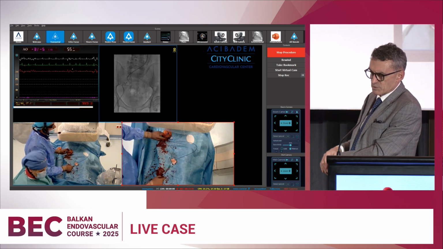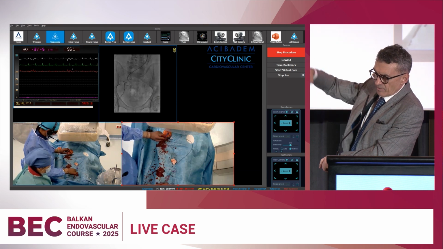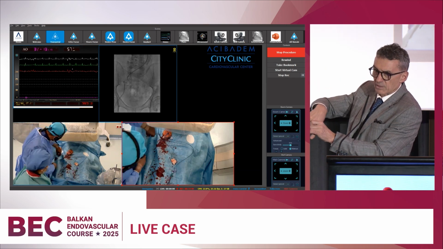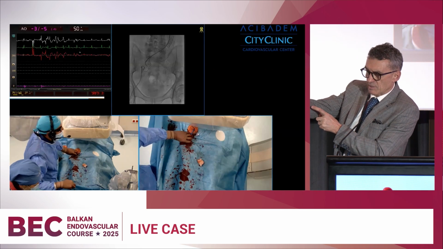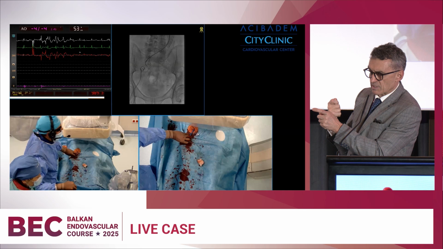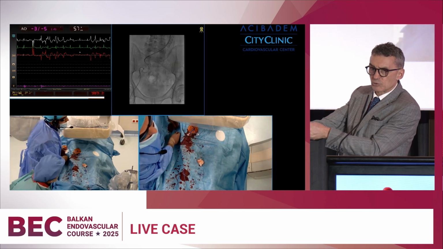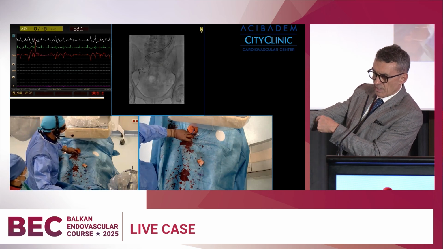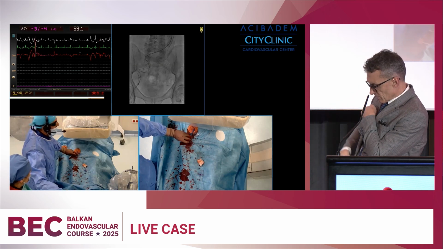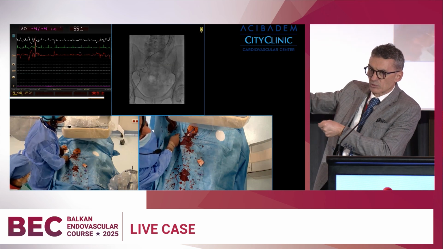And now you are going to see the wire will be pushed from above in order to enter the lasso. And Dr. Stankov will catch the wire with the lasso and will externalize it. After this technique, we are going to have a wire from the arm that is externalized from the femoral artery, in such a way the support will be huge.